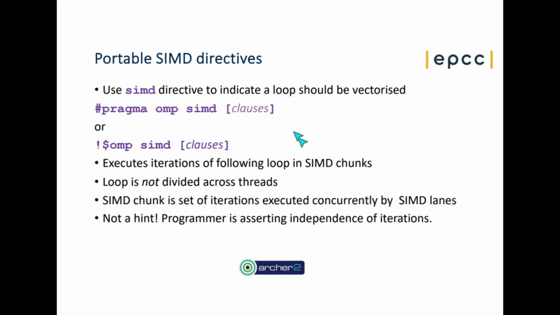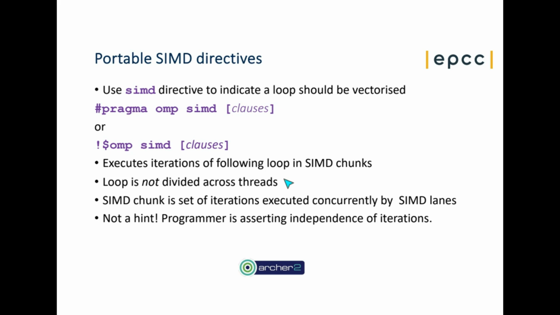This applies to a loop, and it says this loop will be executed in SIMD chunks. This does not, however, divide the loop iterations across threads. That is in addition to the pragma omp for. OMP SIMD on its own does not do threaded parallelization.